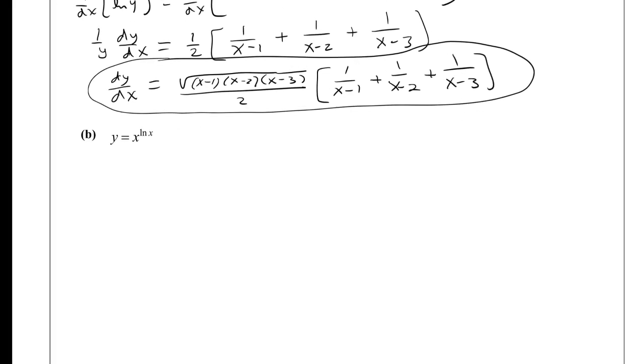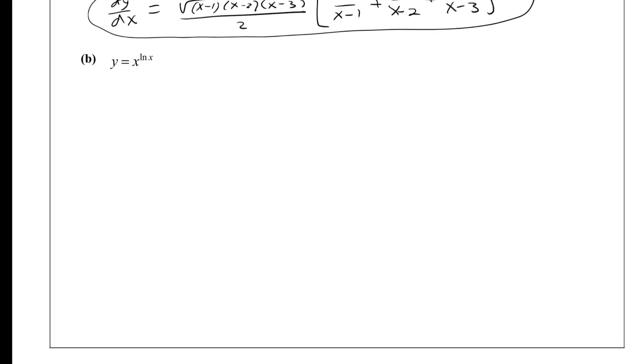Okay, so let's look at B here. Now this one is great for logarithmic differentiation because I need to do it here. I have a function of x, just x, raised to another function of x, ln of x. So let me just rewrite that. So now I'm going to apply logarithms to both sides.